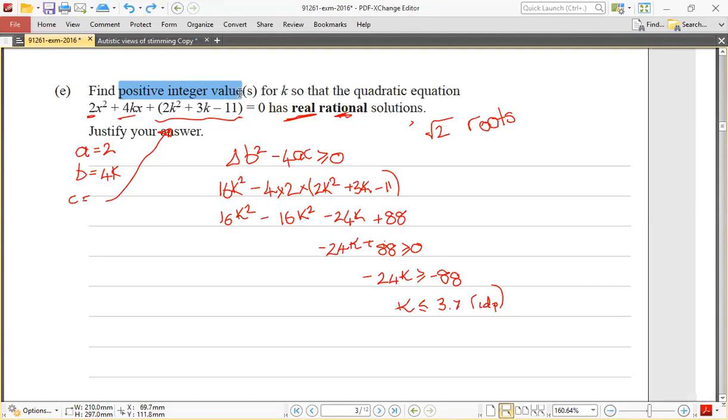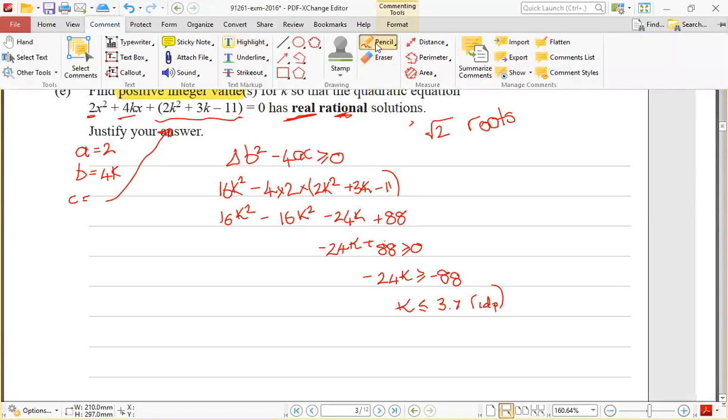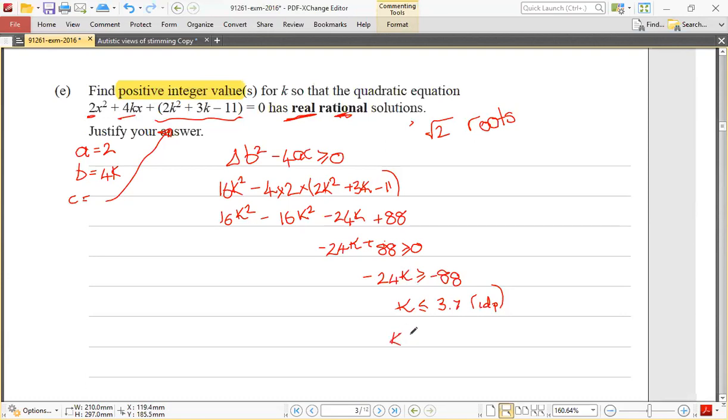Can you tell me what are the positive whole numbers less than 3.7?